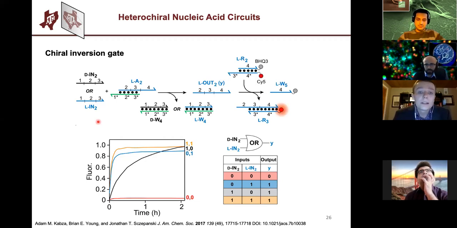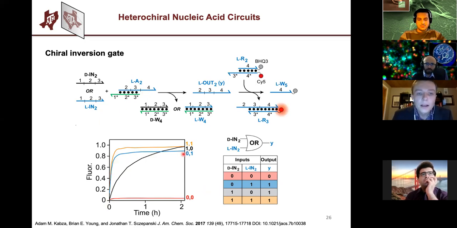What's really cool about this, and a really interesting caveat that we probably should have expected, but we didn't, is that if you look here, with no inputs in this red, we have no activation. When an L input is included to displace an L oligonucleotide, we get really fast activation.